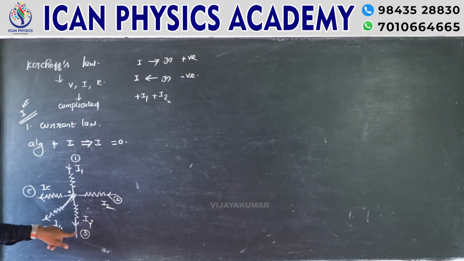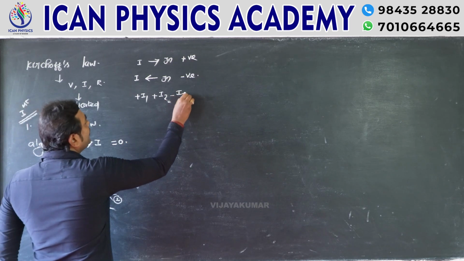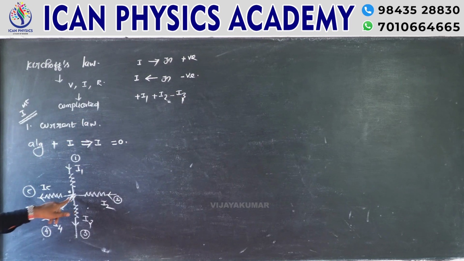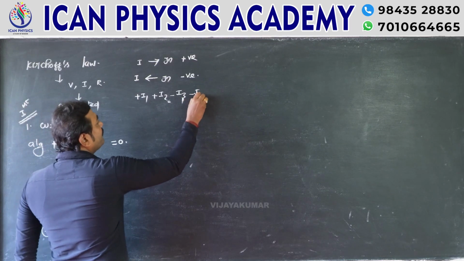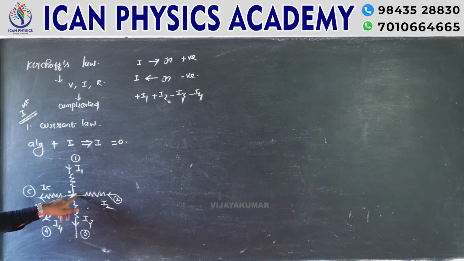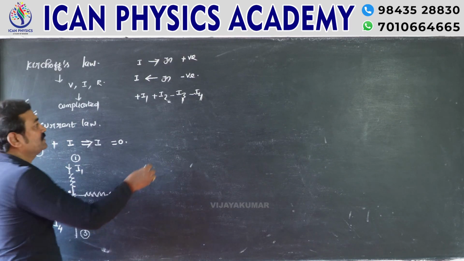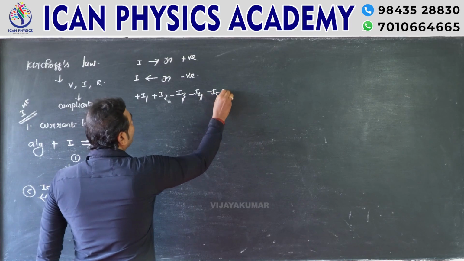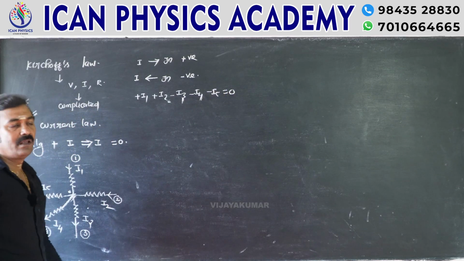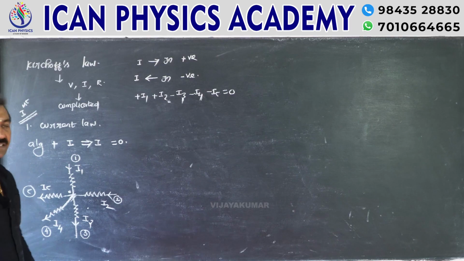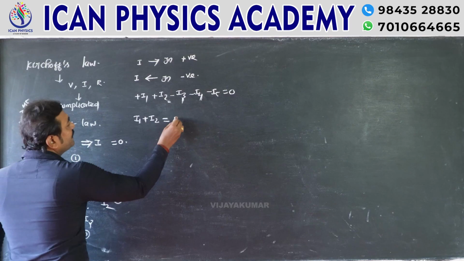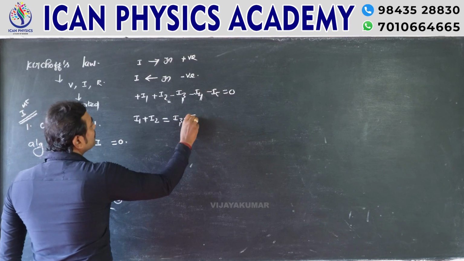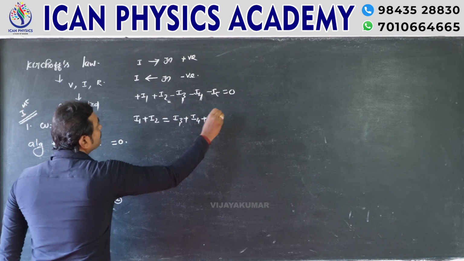I3 is the current moving away from the junction, so minus I3. I4 is moving away, so minus I4. I5 is moving away, so minus I5 equal to 0. Now the minus value goes to the right side as plus value. So I1 plus I2 equal to I3 plus I4 plus I5.